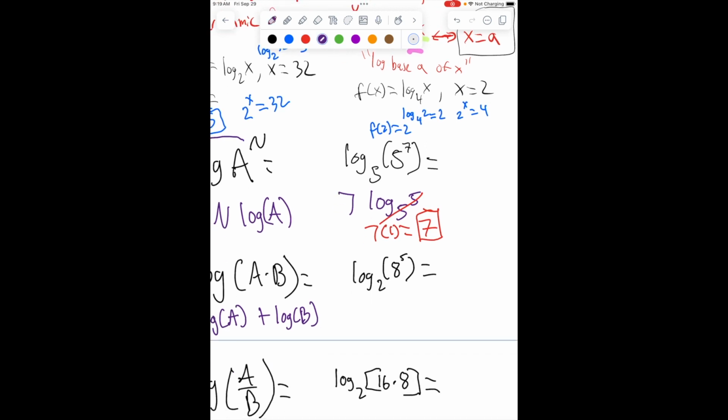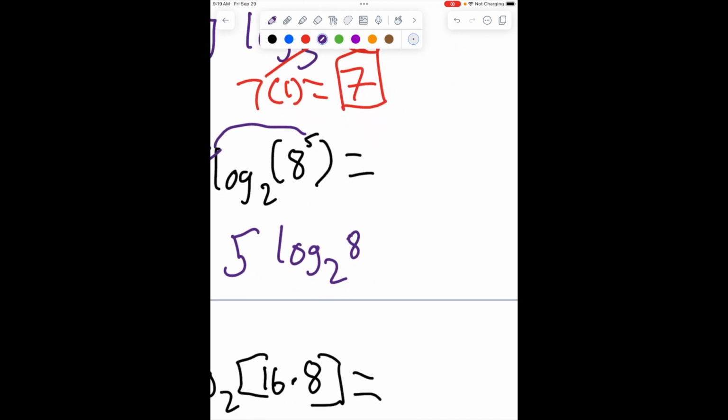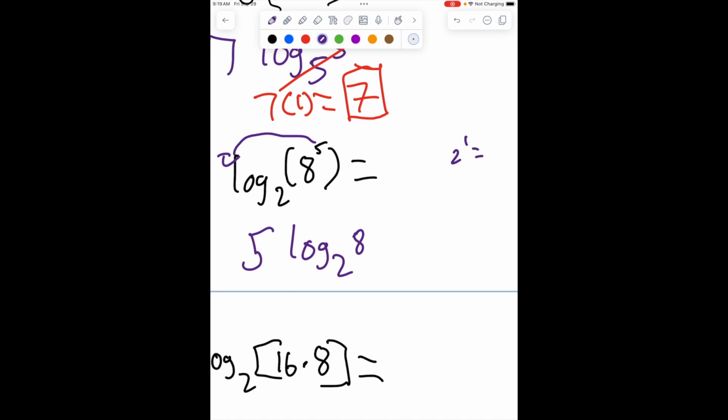All right, let's try something kind of similar on this next one. First off, I'm going to move this exponent over here, 5 log base 2 of 8. Now, 8 is interesting because 2 to the first is 2, 2 squared is 4, 2 to the third equals 8.